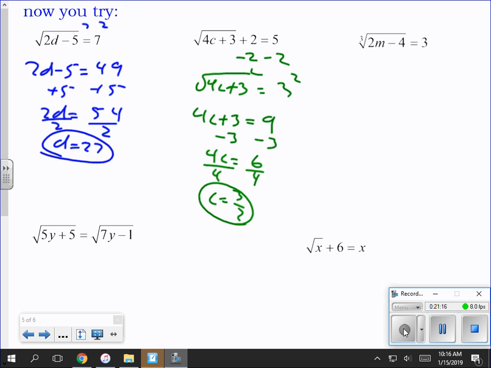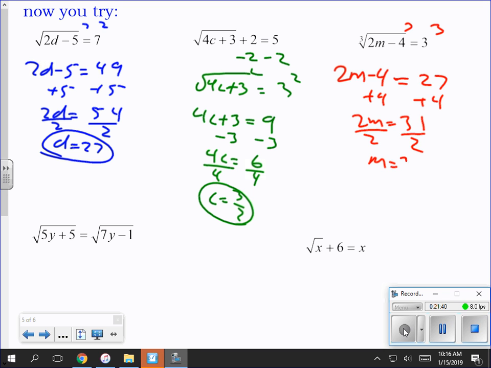And then I try the next one. It's a cube root, so I have to cube both sides. Cube both sides. 2m minus 4 is equal to 27. Yeah, 3 cubed is 27. Add 4 to both sides. 2m equals 31. Divide by 2.